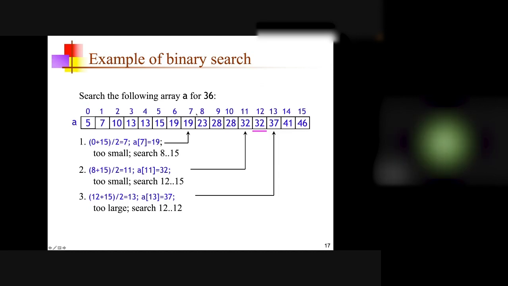From here you cut the list again, and you see that 36 is still greater than 32. So you cut the list once again, and the middle value is 37. You notice that 37 is greater than 36, and there is no 36 in the list.